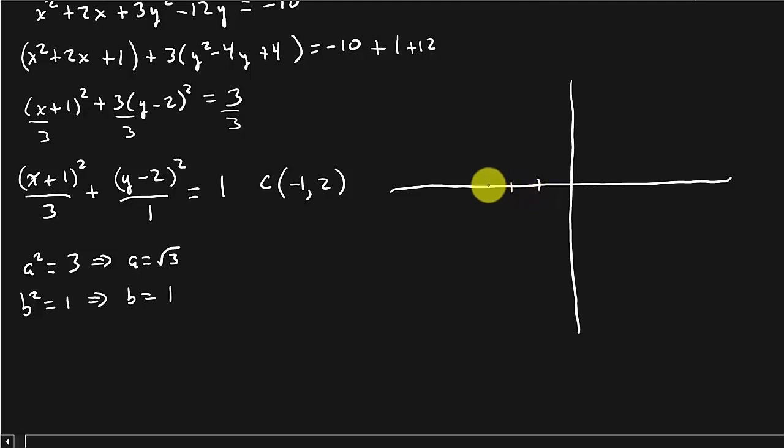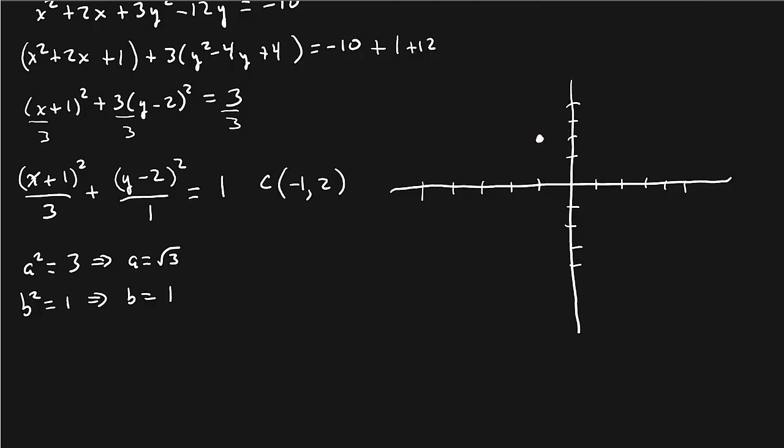All right, let's see. 1, 2, 3. All right, so let's go ahead and plot the center. So that's going to be negative 1, 2. There's my center. Okay, and I think what I'm going to do, I'm going to put the center in a different color so it'll just stand out a little more. All right.